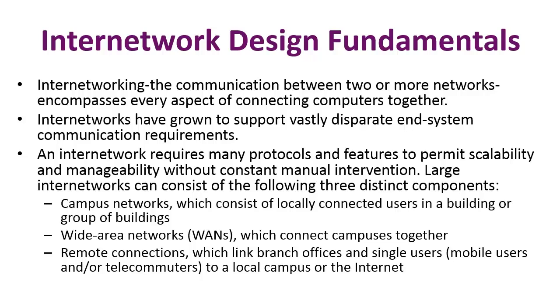Finally, an internetwork requires many different protocols and features so that it can scale and can be managed without constant manual intervention. So you will note that large networks can consist of really three distinct components: the campus network, which is usually locally connected users in a building, then the wide area network, which connects these campuses together, and then finally remote access.